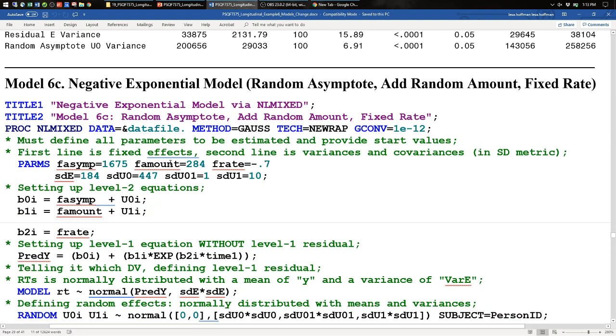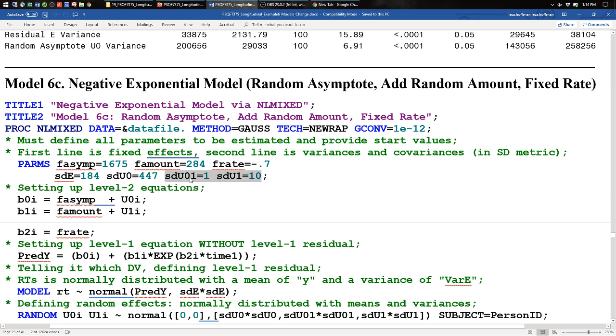So let's do another one. I'm going to add a random amount next, because I think it's reasonable that the total amount of change that happens varies between people. So I am picking up two parameters, the standard deviation of U1 and the standard deviation of U01, which is another way of saying the square root of the covariance.